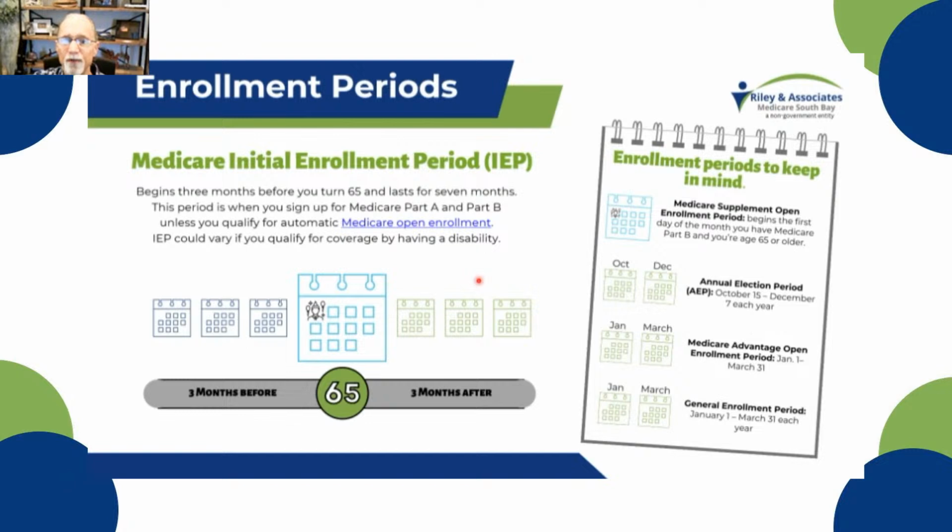So you definitely don't want to be part of the general enrollment period. That's why it's really good, like I said, to set up a discovery call 3 months prior to your birthday or when you're going to move off your group plan and retire, and we can plan for all of those things. That way you don't miss a darn thing, right?